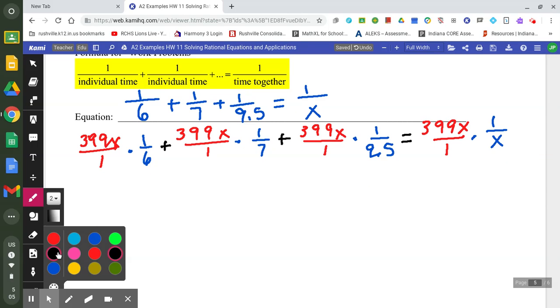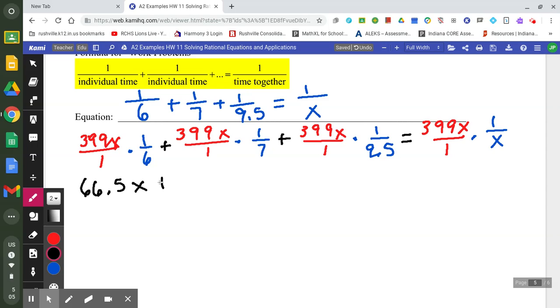And now I'm ready to cancel. So this time I'm going to have to do 399 divided by 6. And that is a decimal, but that's okay. So 66.5x plus, now I'm going to do 399 divided by 7.